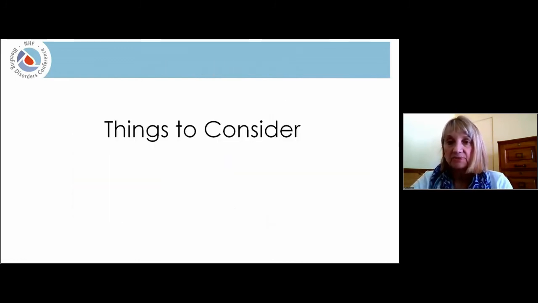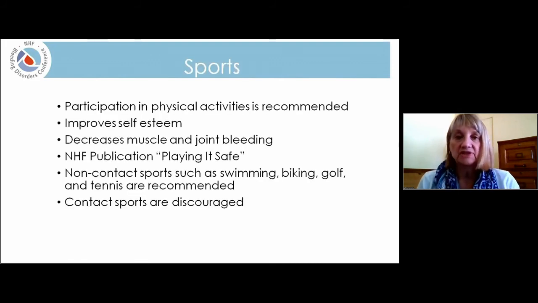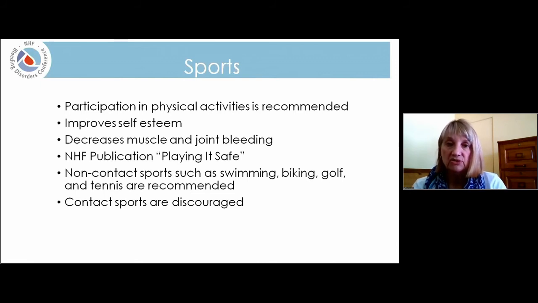What are the other things we need to consider? Sports. As children grow up, and some of you parents out there may have participated in sports and were hoping that your child would follow in your footsteps. We really encourage physical activity. We want kids to participate in sports. We want them to be active.